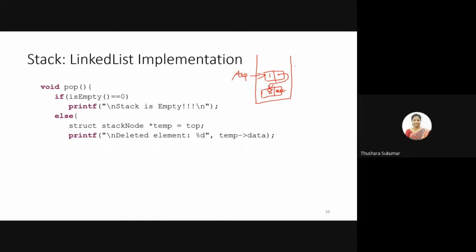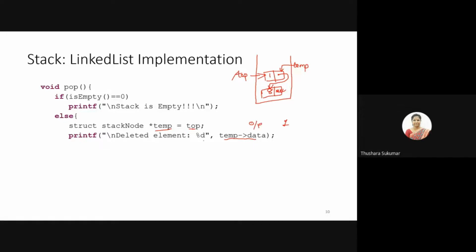So we want to point to the topmost node with another variable, that is temp. So that is shown here, start temp, and that is also pointing to top only. Now before performing the free operation, just display the temp's data on the screen. So the deleted element is 1, that is displayed on the output screen.